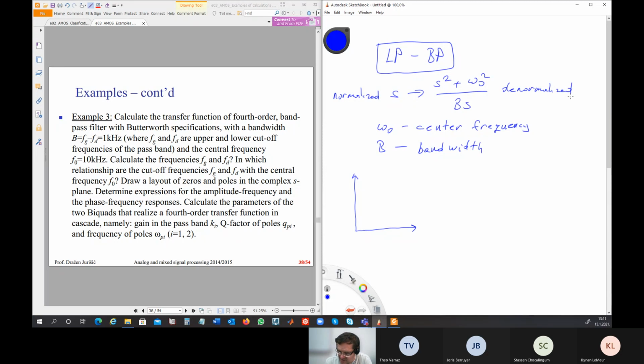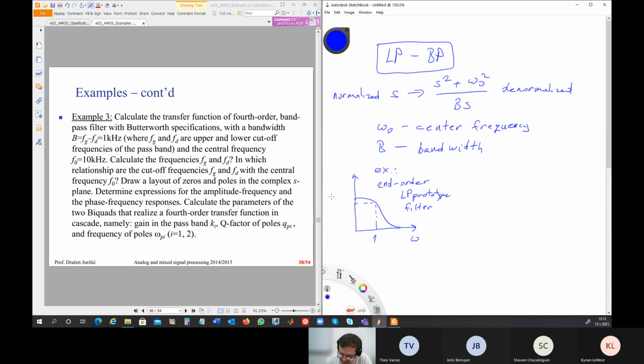So, for example, let's say a second order example. The second order low pass prototype filter is like this. This is 1, the unity cutoff frequency.